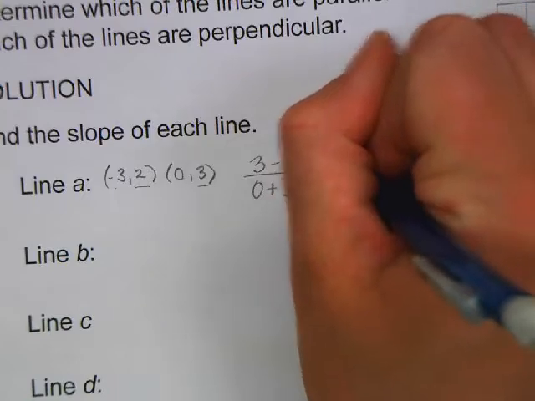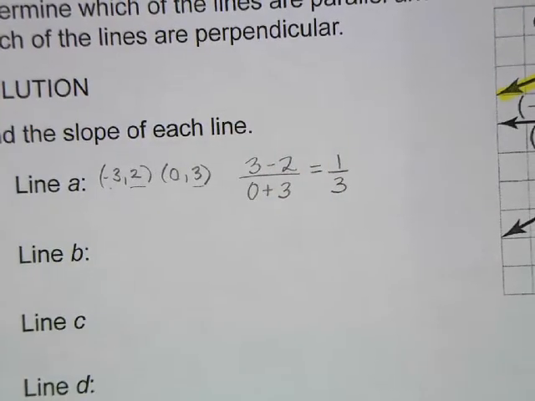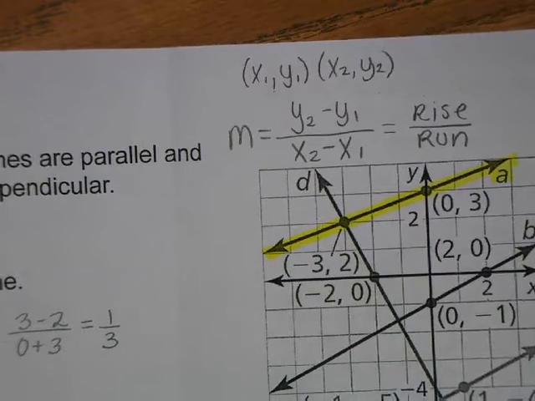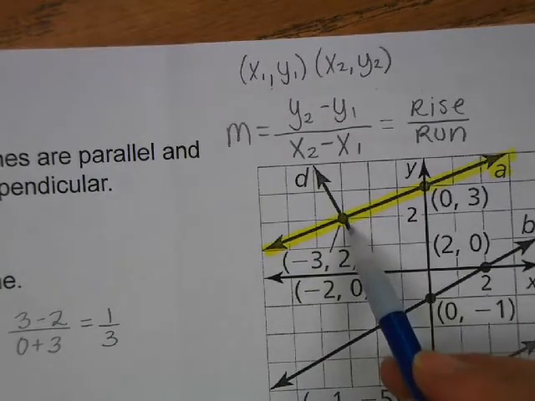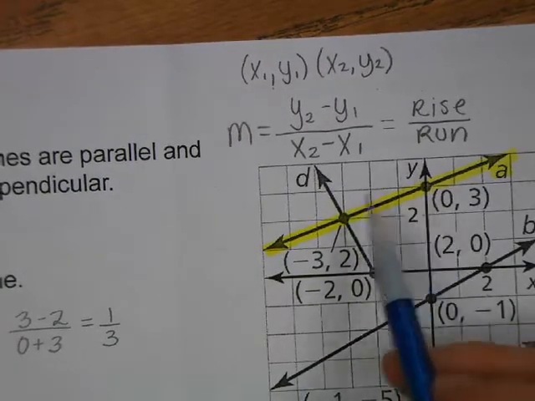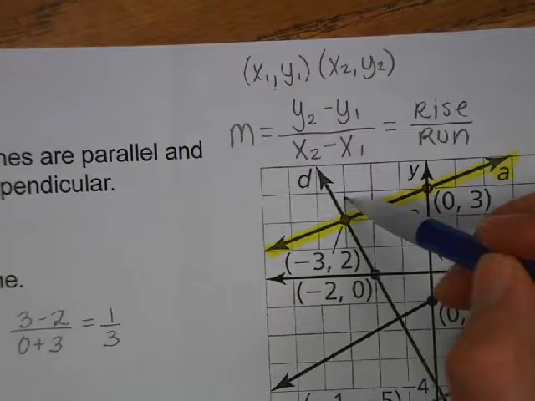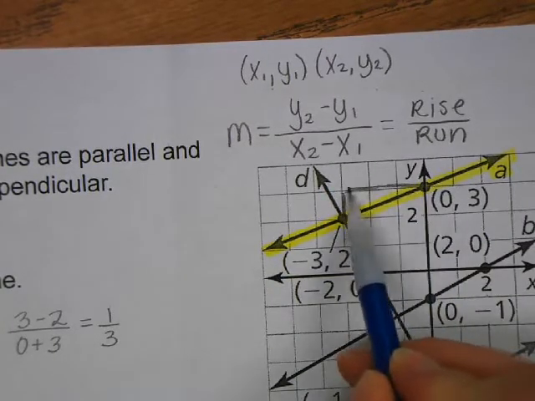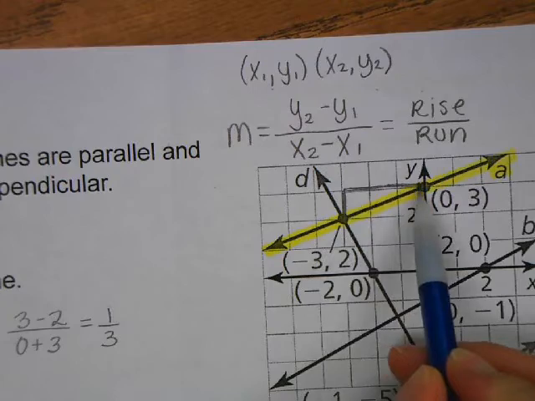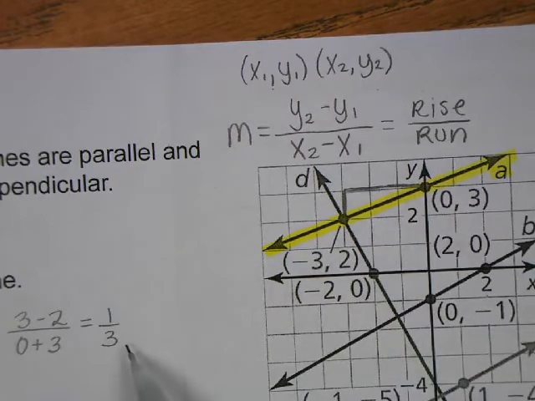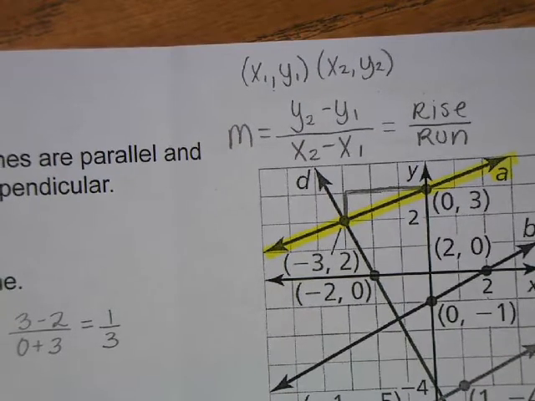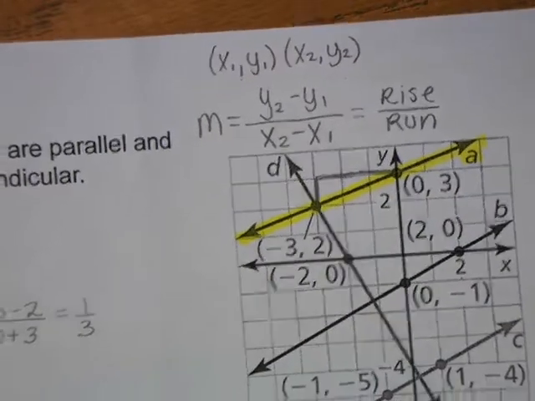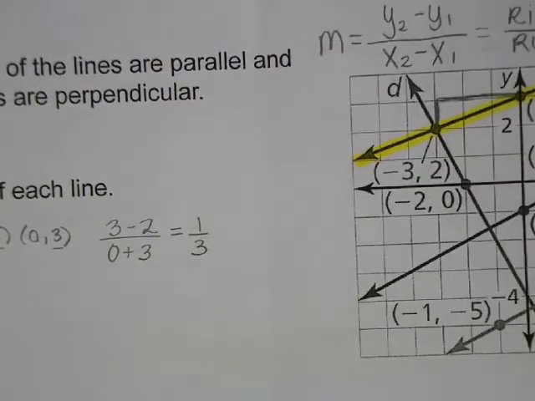So line A has a slope of 1/3. And if you look at the graph and do rise over run, you're rising 1 and running 3, which will also give you a slope of 1/3. It doesn't matter which way you do it, you're going to get the same slope.